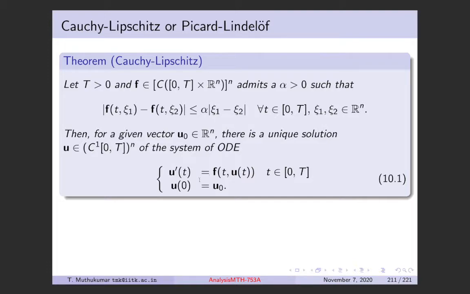For a first order ODE, you have one condition, but here the value of u is given at some point. So this is called the initial value problem. If you have a second order ODE, you need two conditions.